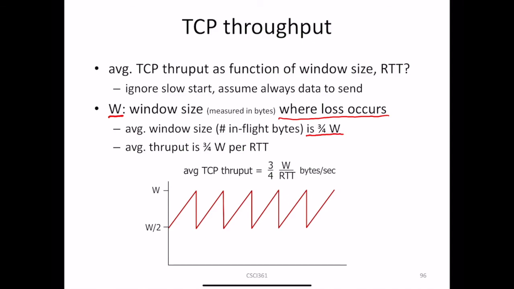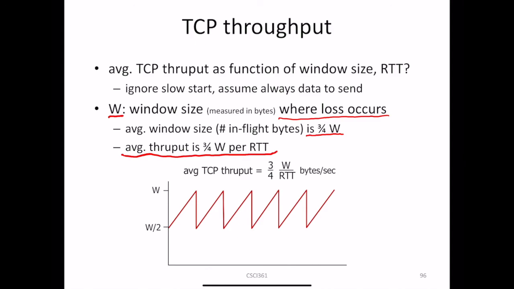3/4 window size. Later I will tell you how to get this 3/4 window size. The average throughput should be 3/4 window size divided by the round trip time. So how do we get the average window size?